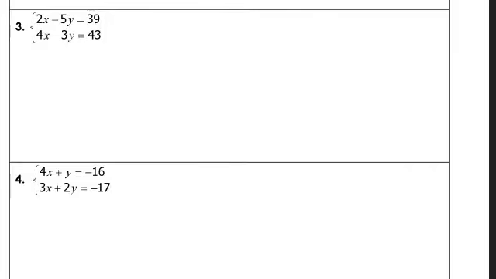So if I go ahead and multiply by 2 everything in the left expression and keep the balance by multiplying by 2 to the right expression, I'm going to come out with 4x minus 10y equals, let's see, 40 times 2 would be 80, so that would be 78.